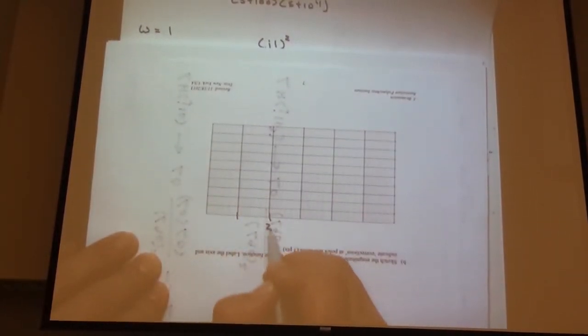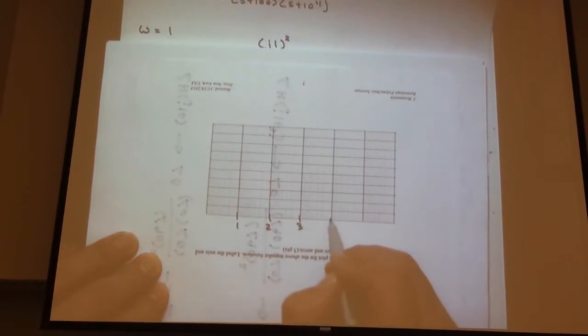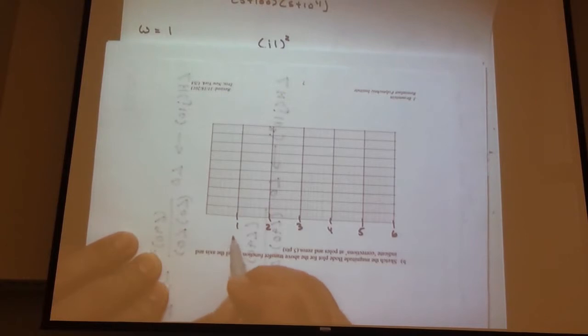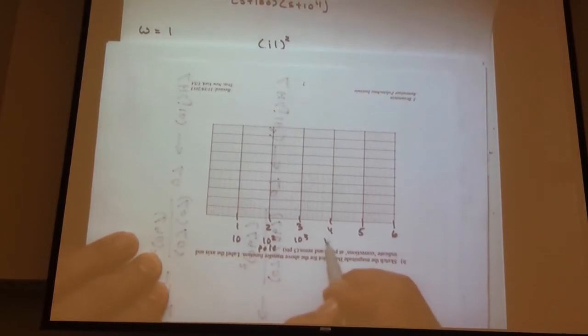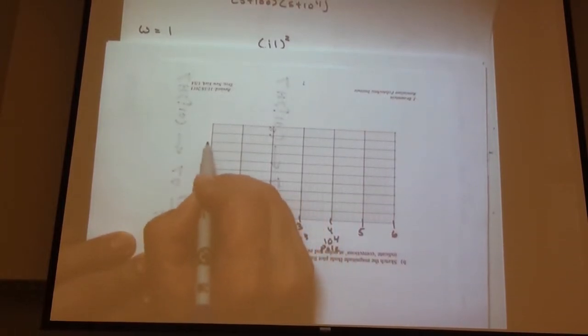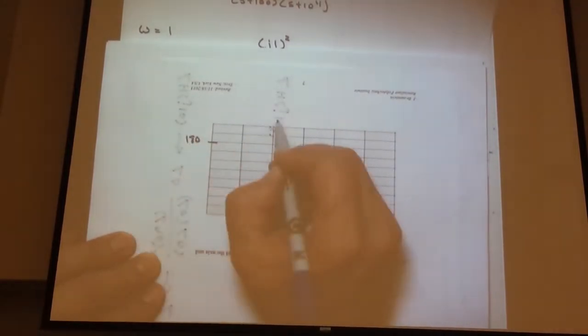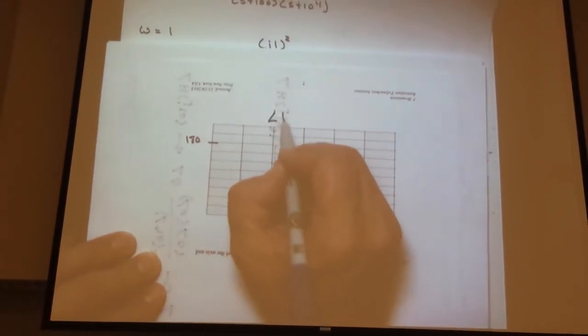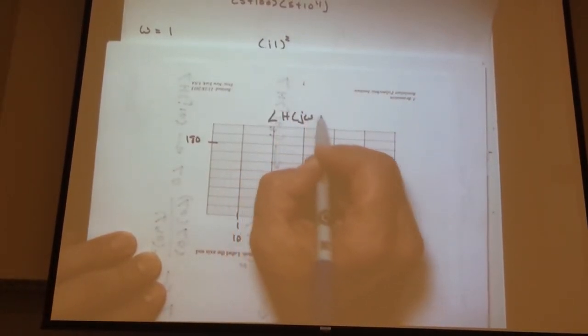There's 1, 2, 3. Here's our log omega. 5, 6. That's 10, 10 to the 2, 10 to the 3. There was our pole, remember? There's our other pole. There was our angle. So this is an angle, H of j omega, or phase.